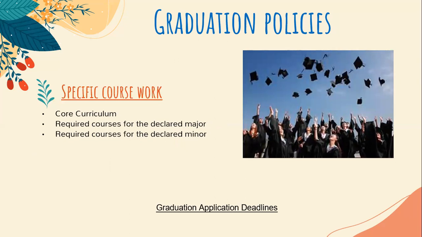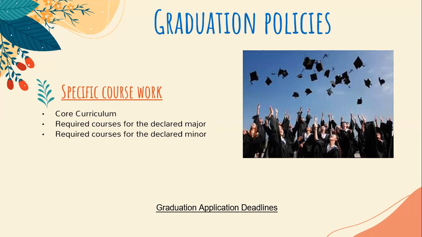There is going to be specific coursework: the core curriculum, the required courses for the declared major, and the required courses for a declared minor. This is important because sometimes students change their mind about the minor, but do not let the advisor know so that the system can be updated to show that that minor will not be completed, and it can prevent graduation.